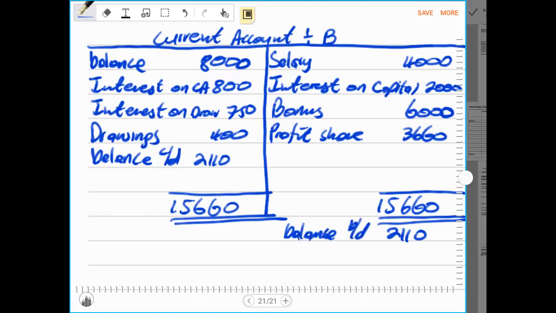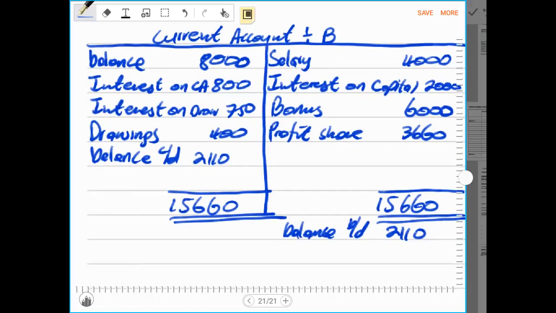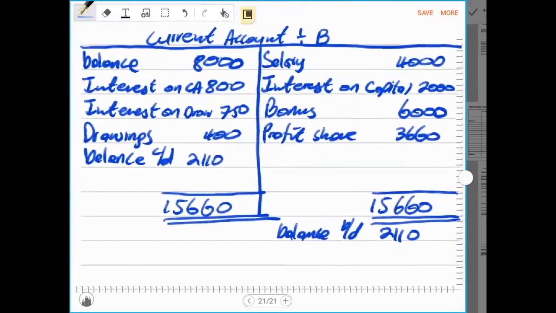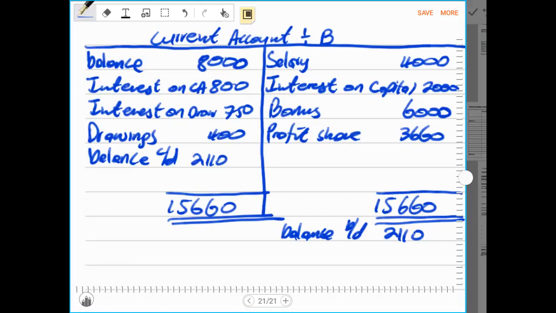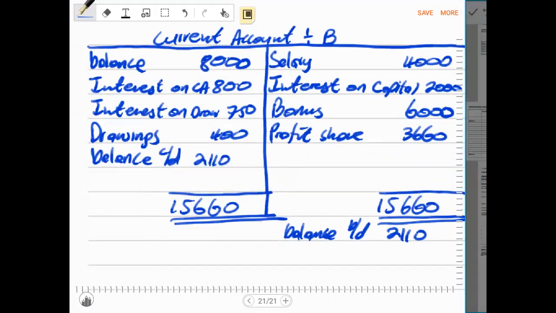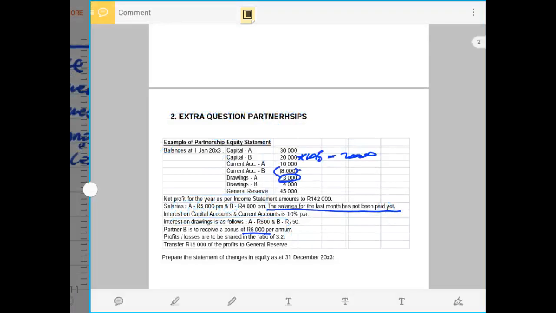So there we have our balance brought down, 2,110. And from here, we can immediately record all this information in the statement of changes in equity, which was the requirement of the question.